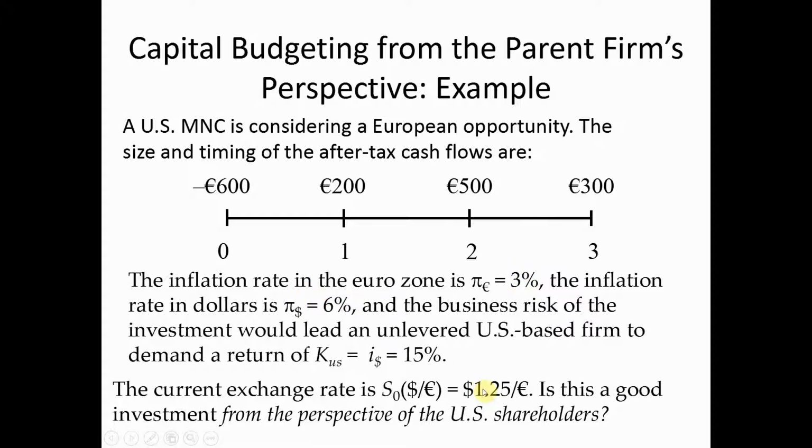So when you see this $1.25, it will be multiplied by 1 plus 6% US inflation rate divided by 1 plus 3% euro inflation rate. Then you'll be able to forecast the spot rate a year later, and use the same procedure to develop the exchange rate 2 years later and 3 years later.